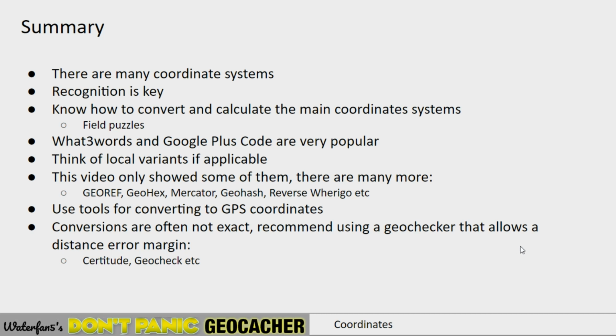So for example, a 10 feet or 30 feet radius, because the conversion between coordinates may not be as exact, and so a single coordinate system may not convert well to the standard coordinate system used by geocheckers. And so a margin will help prevent that somebody has the right solution, just is maybe slightly off by 1 number. So these checkers, like Certitude or GeoCheck, can help you with solving that problem.